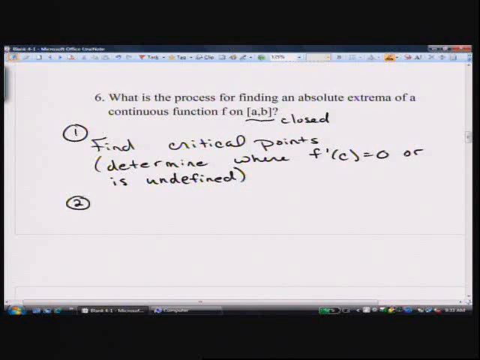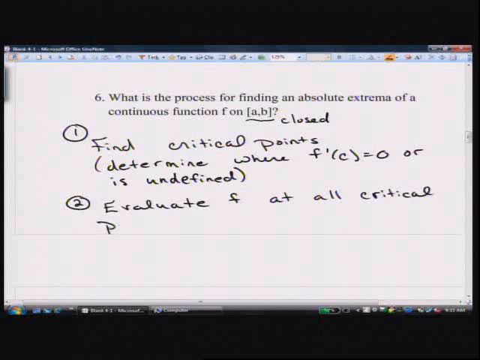And then the second thing you'll do is evaluate f at all the critical points and the endpoints.